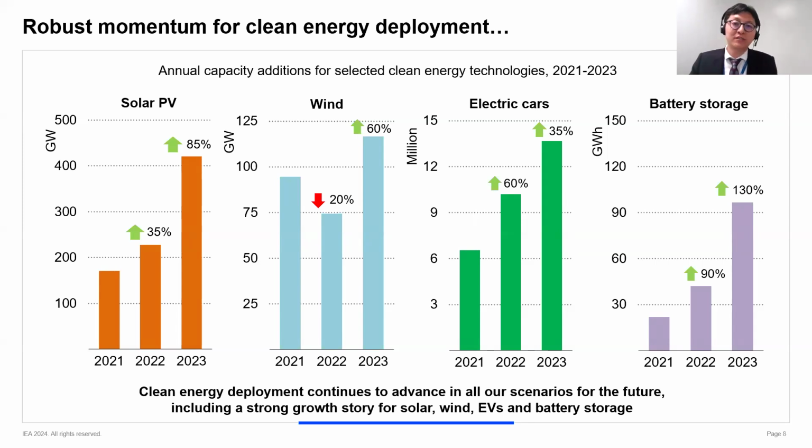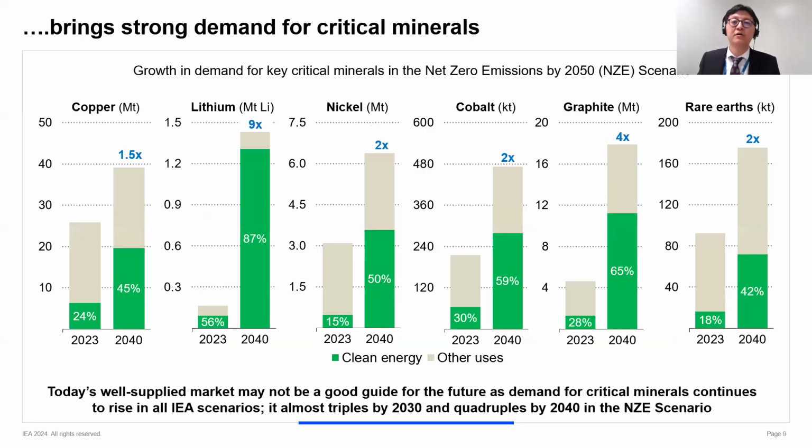Battery storage is surprising market watchers in many ways. In 2022, the deployment of energy storage doubled and registered another doubling in 2023. All this underpins further growth in mineral demand to serve this deployment.